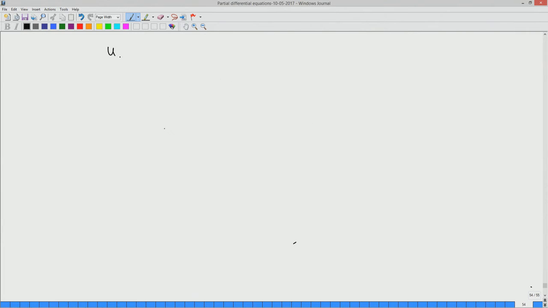So, if you have a wave equation like this, u_tt minus c squared u_xx equal to 0, x is positive and t is positive, this is your domain, and initial values u at x,0 is f(x), u_t at x,0 is g(x) as your initial data.